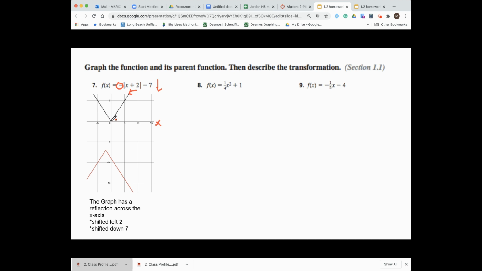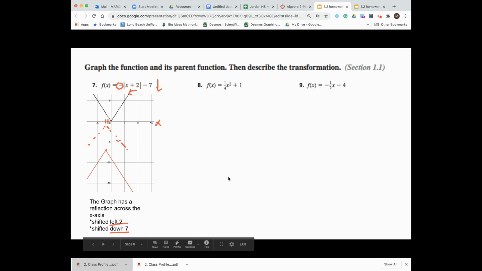That's why from here, it went left 2, 1, 2, and then reflected, my reflection. But then this one brings it down 7 units. So it went down here 7 units, and that's where my new graph is. That's what I put right here, shift to left and down 7.